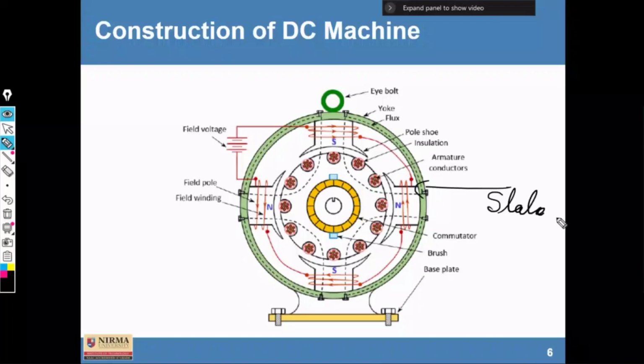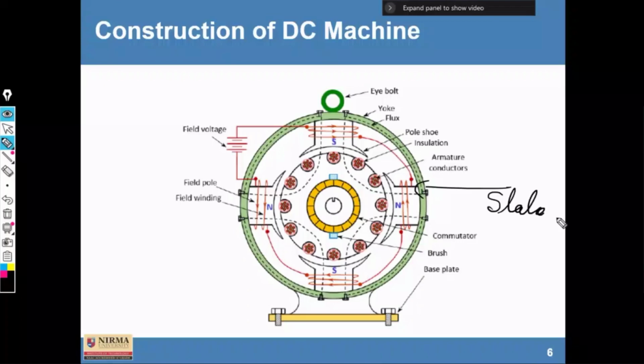Yoke is the outer surface, and it is a protecting surface. Okay. So here there are four poles. This is pole 1, pole 2, pole 3, and pole 4. You can see south pole is connected to the north, north to south, south to north. So it is a 4 pole machine, and we will discuss in detail these various parts.